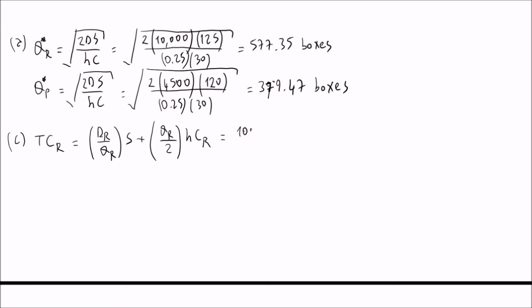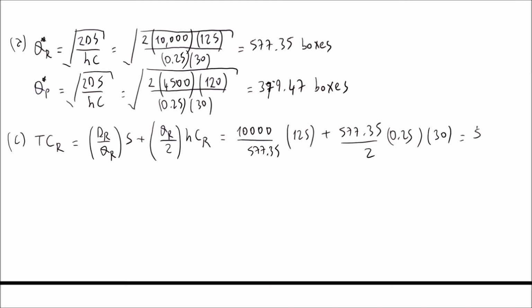So demand is 10,000 for regular coffee divided by 577.35 times order fixed cost 125 plus order size is 577.35 divided by 2, and H is 25, C is 30. So based on this, the value I found is roughly $4,330.